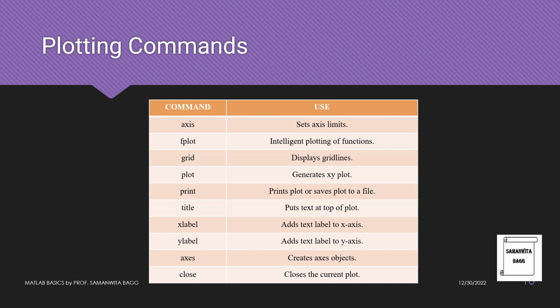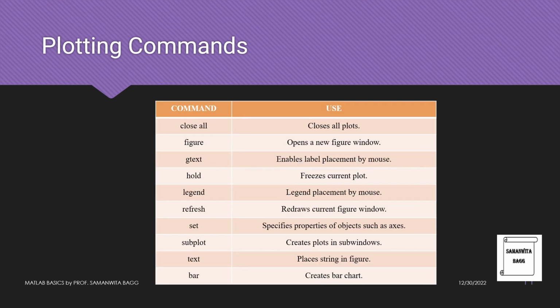Axes creates an axis object. Close will close the current plot. Close all will close all the plots that are done. Figure will open a new figure window. Gtext enables label placement by mouse. Hold freezes the current plot.